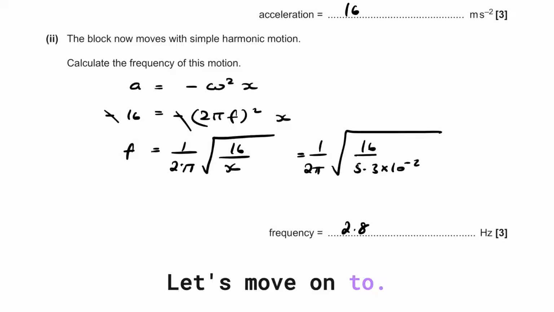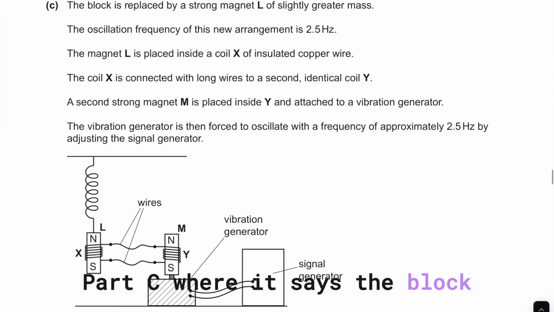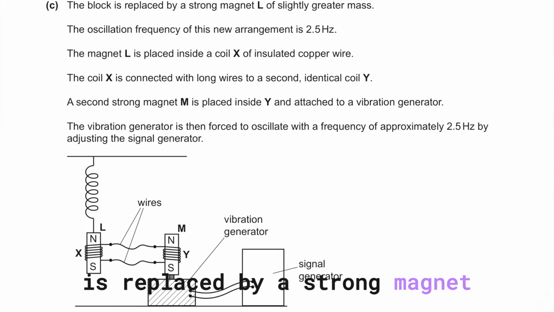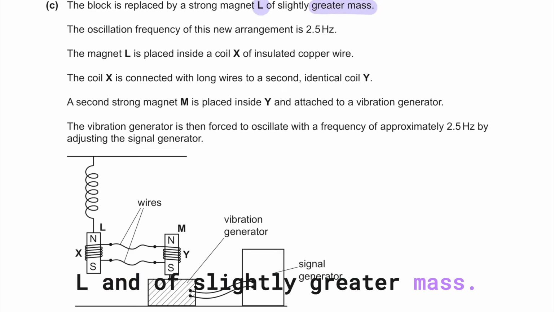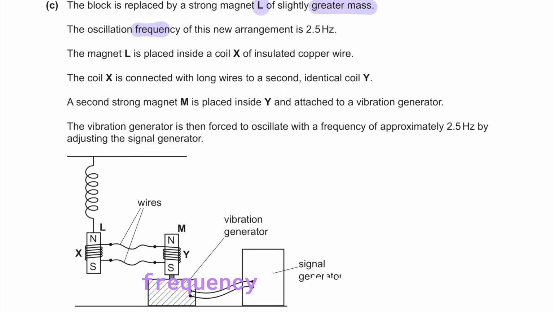Let's move on to part C, where it says the block is replaced by a strong magnet L of slightly greater mass. The oscillation frequency of this new arrangement is 2.5 hertz. The magnet L is placed inside a coil X of an insulated copper wire.